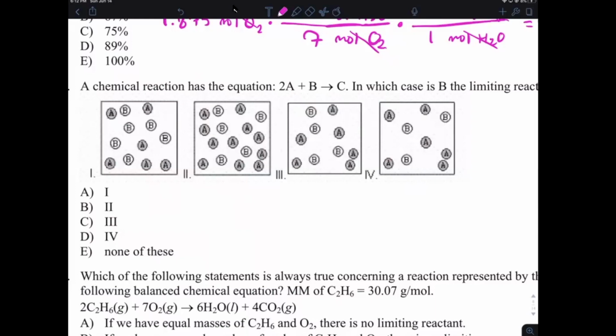How many A's are here and how many B's are here? So just count them.